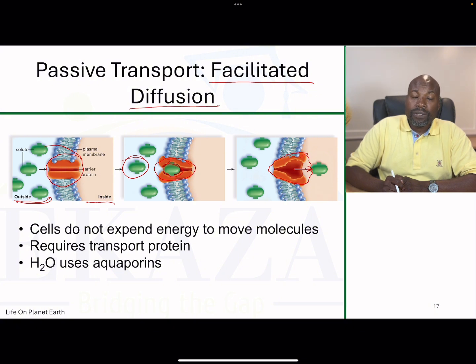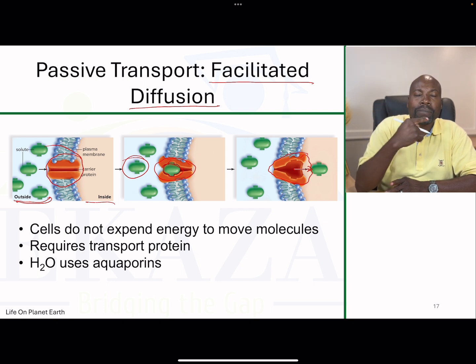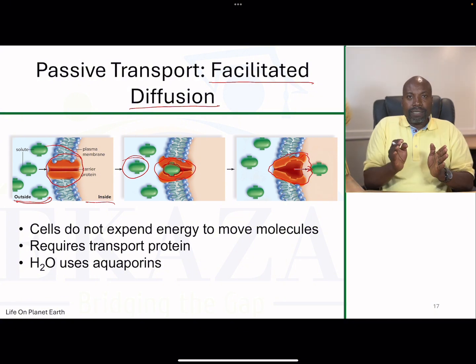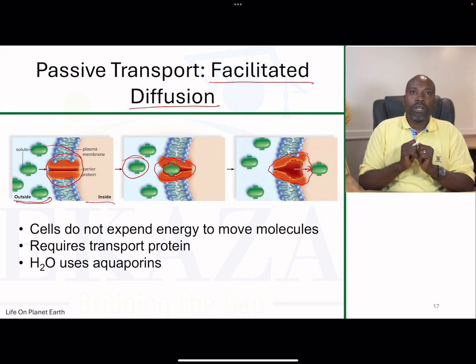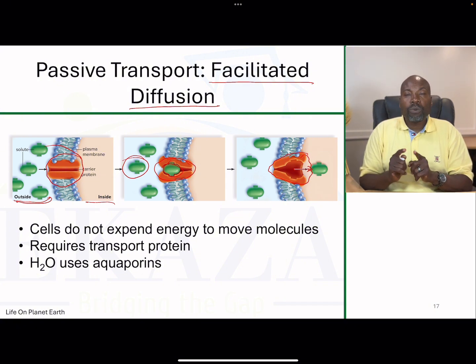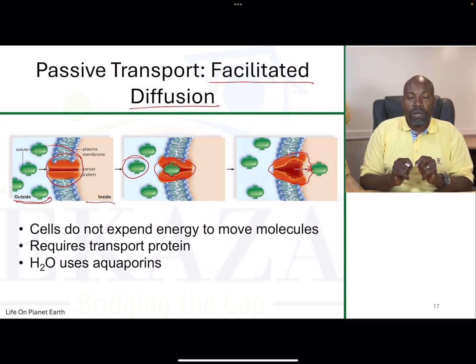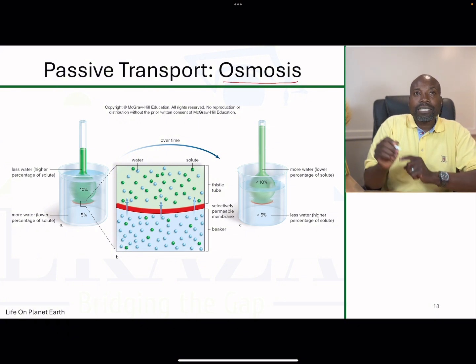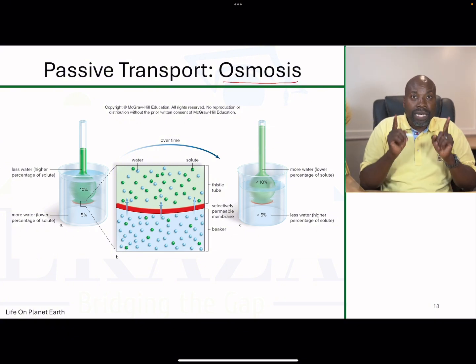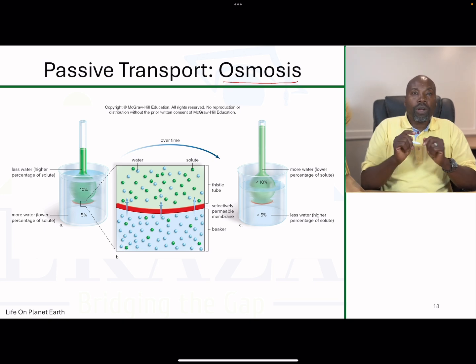Most of the time, water is the one that has to cross the plasma membrane to compensate for the fact that this solute cannot cross. In that case, the movement of water across the plasma membrane, while it is diffusion, we don't call it diffusion, we call it osmosis, right? So at this point, we are going to address the movement of water molecules across the plasma membrane. Osmosis, again, is the movement of water across the plasma membrane because the solute cannot cross the plasma membrane.